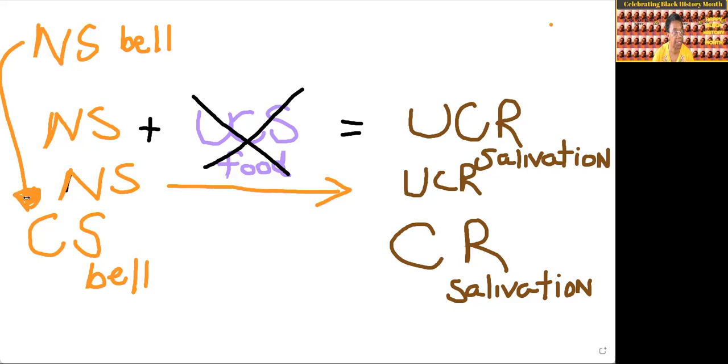The neutral stimulus becomes the conditioned stimulus, and the unconditioned response becomes the conditioned response. So if you can identify what the neutral stimulus is, then you know what the conditioned stimulus is.